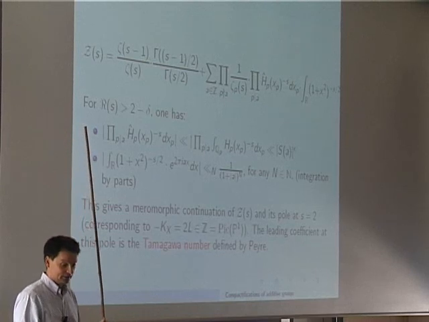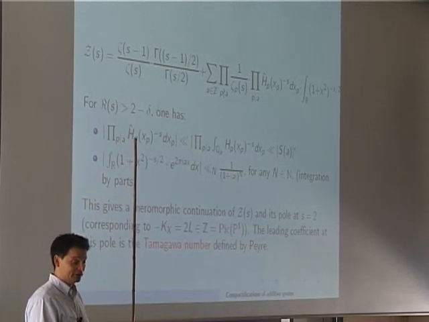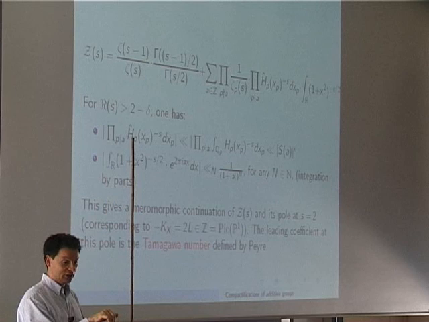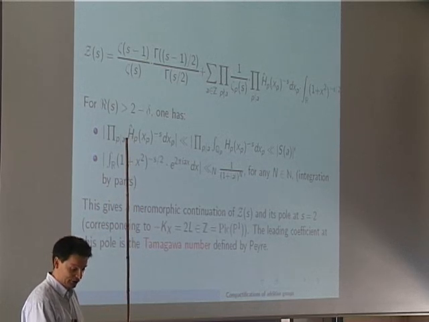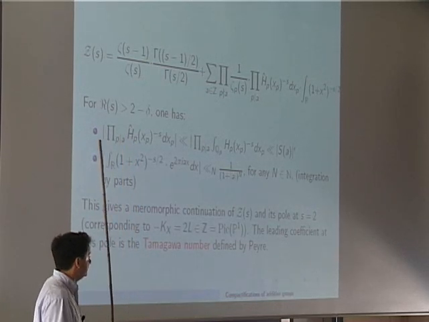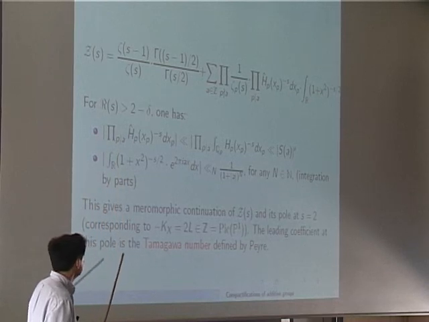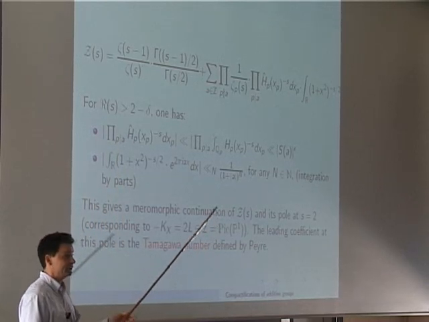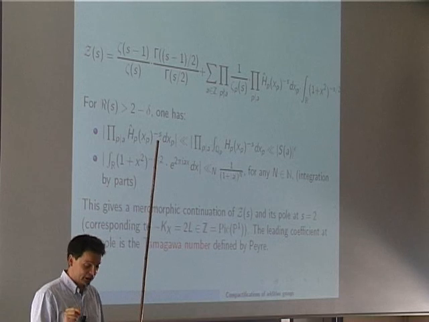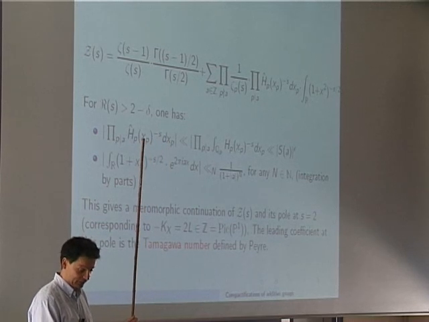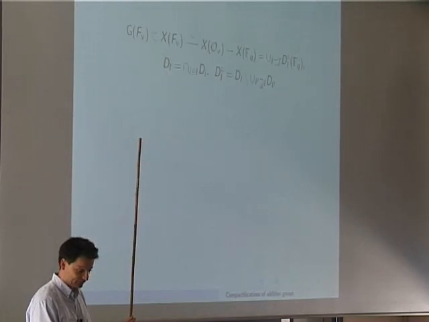So then we have it in front of us, a product of local heights times dx, and what could it be? We identify this as the Tamagawa number defined by Peyre. The discussion of these Tamagawa numbers will happen next Tuesday in more detail.